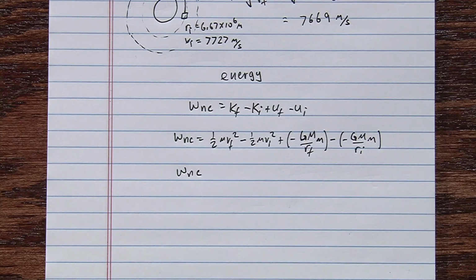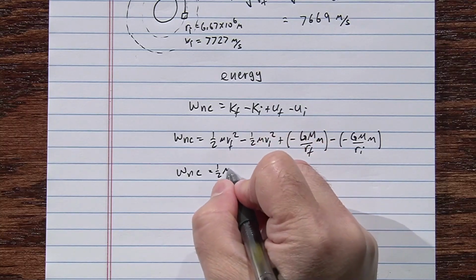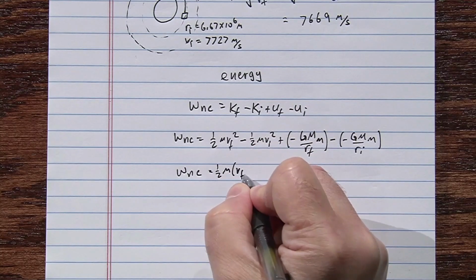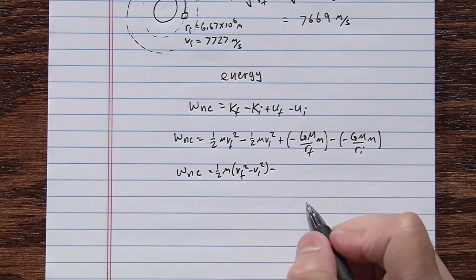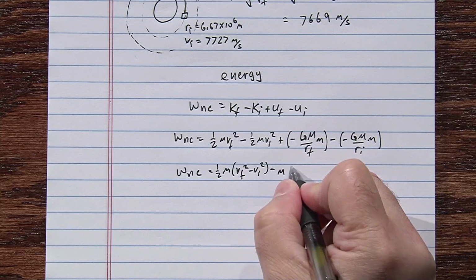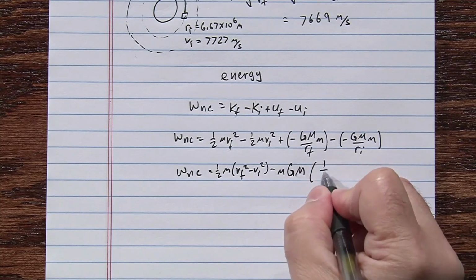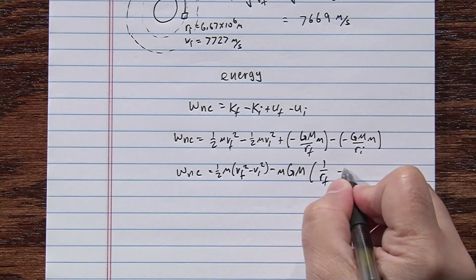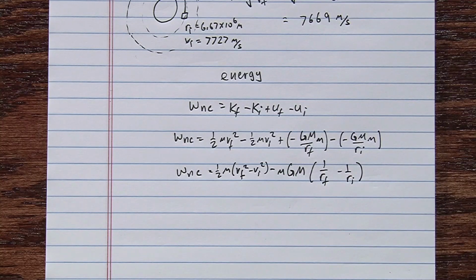Okay, so I have 1/2 m times V final squared minus V initial squared minus the mass of the space shuttle, big G, big M, times 1 over R final minus 1 over R initial. So I haven't done anything there except to factor out our common terms.